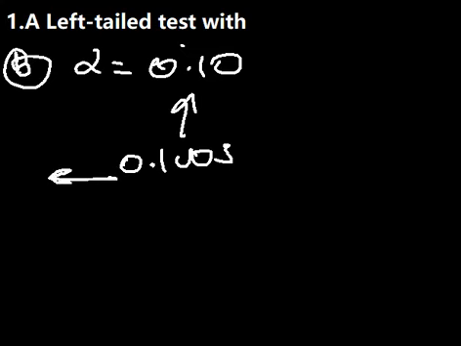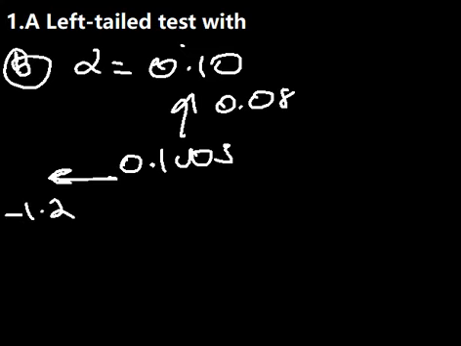So in this case we have 0.08 up there, and the value on the other side should be negative 1.2. So we have negative 1.2.